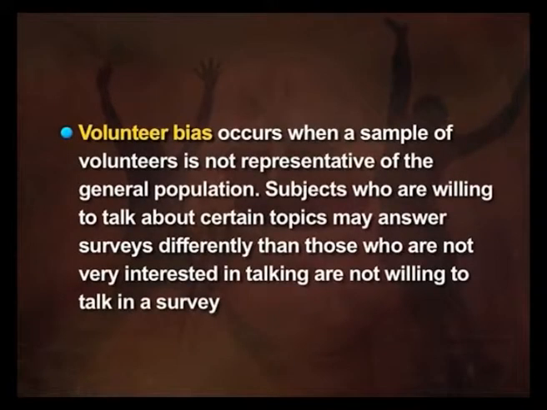Volunteer bias occurs when a sample of volunteers is not representative of the general population. Subjects who are willing to talk about certain topics may answer surveys differently than those who are not very interested in talking or are not willing to talk in a survey.